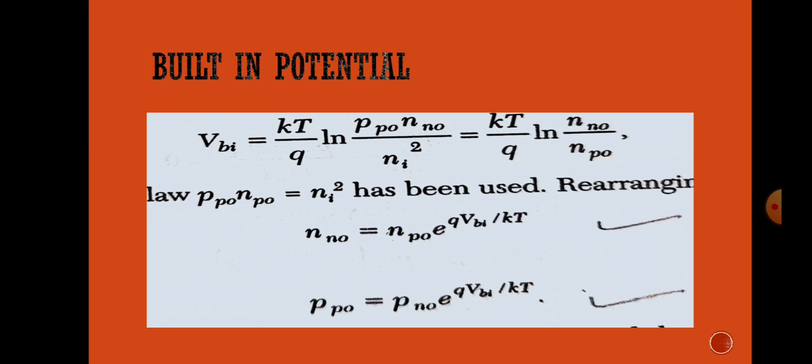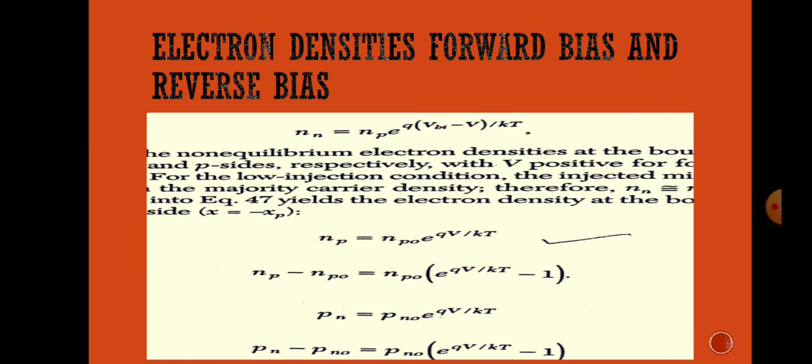At thermal equilibrium, the majority carrier density in the neutral region is essentially equal to the doping concentration. We use the subscripts N and P to denote the semiconductor type and the subscript 0 to specify the condition of thermal equilibrium. Hence, NN0 and NP0 are the equilibrium electron densities in the N and P sides respectively.